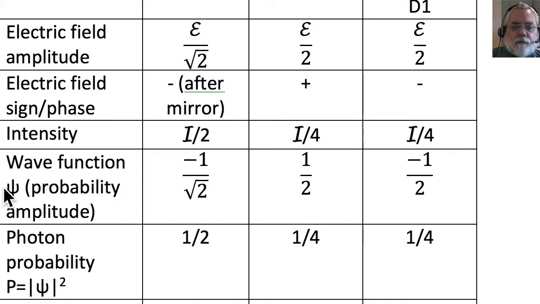The wave function psi was plus 1 over square root of 2 as it left beam splitter 1 on the top path, but it gets inverted to be minus 1 over square root of 2 when it reflects off the mirror. We have to multiply this wave function by a factor of 1 over square root of 2 in each of the output legs, and then we have to take into account the phase.